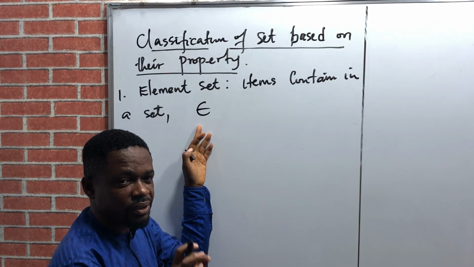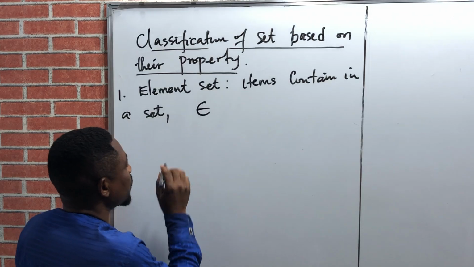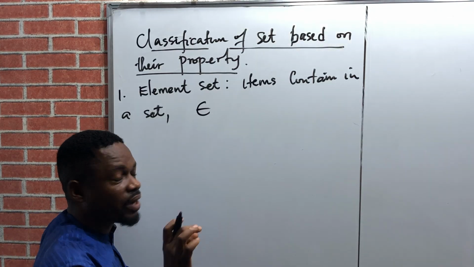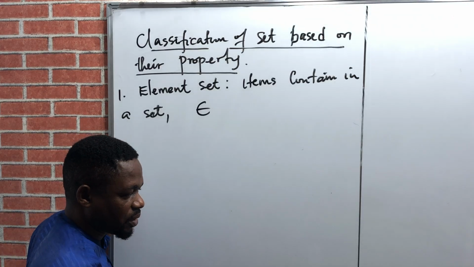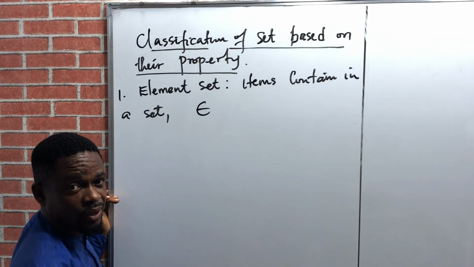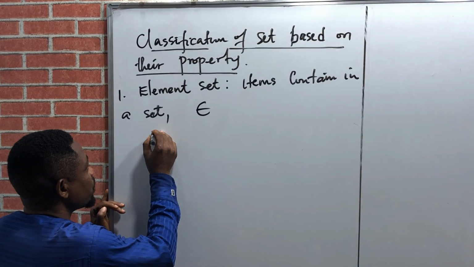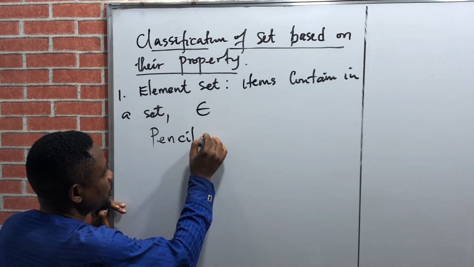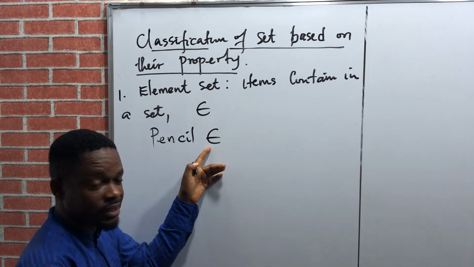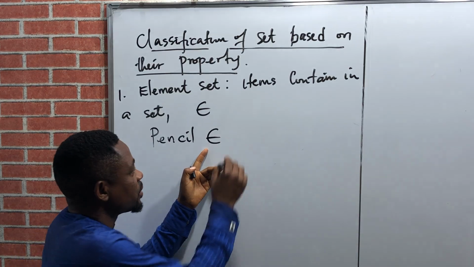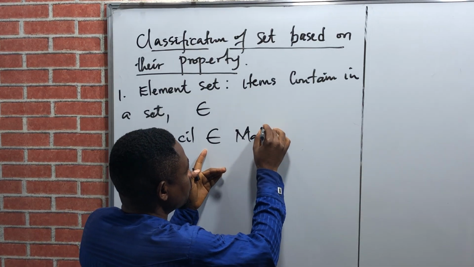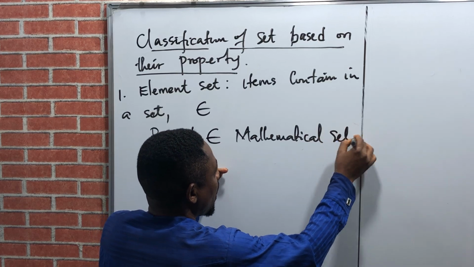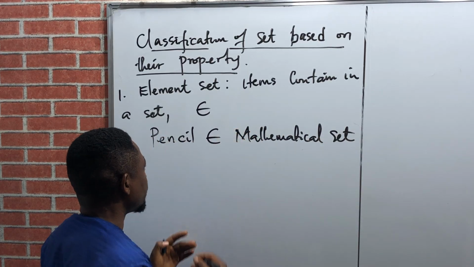For example, permit me to use one of the items found in the mathematical set. You know that pencil is inside the mathematical set. So in abbreviation, we can say that pencil is a member, or an element, of the mathematical set. That is exactly how to condense it.